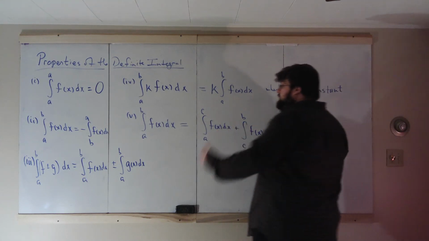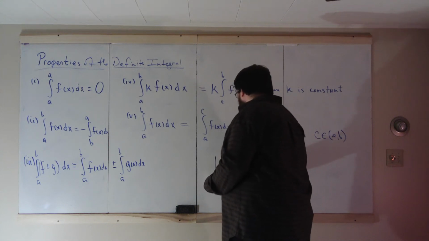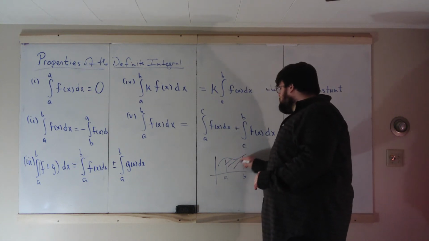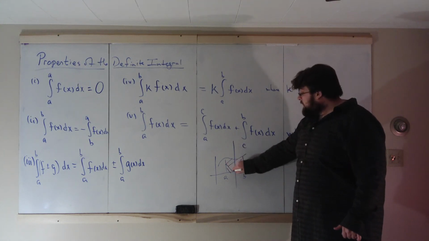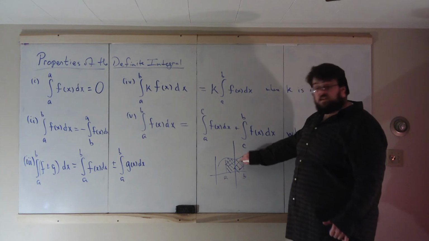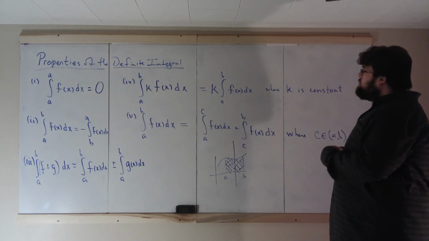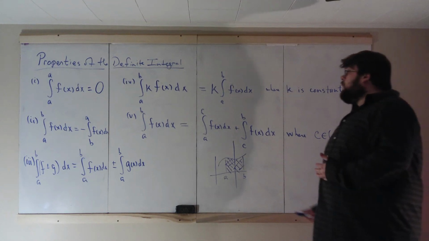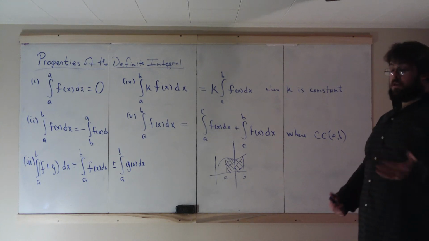So I like to see this fifth one as, if you want this area, you can chop it into 2 pieces and find this area, and then find this area and add them together. So these properties, we'll use especially in the next 2 videos. We'll use all of these properties at some point in the next 2 videos.